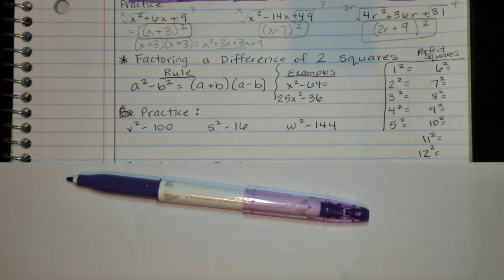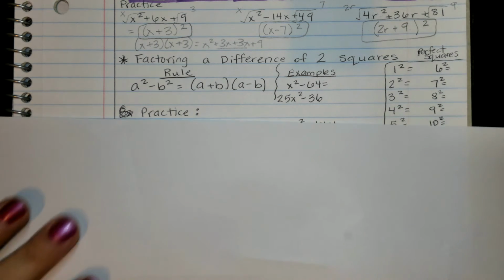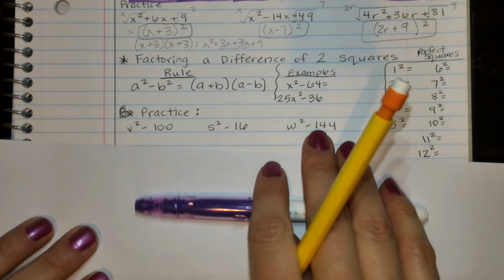What you're going to see, we've done this where you multiply a product of a sum and difference. So this should be very familiar. We're just doing it backwards.